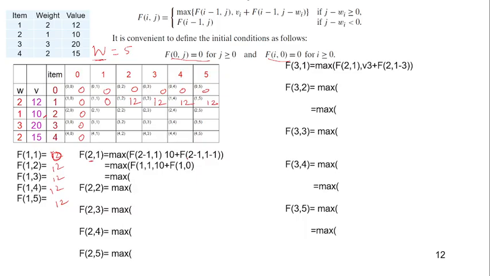So 10 plus f of 2 minus 1 comma j minus wi.